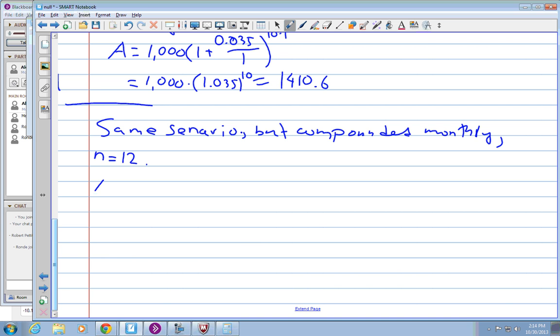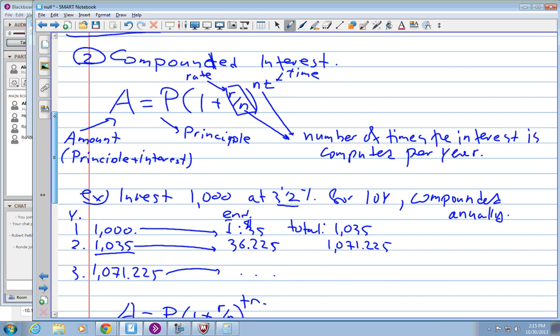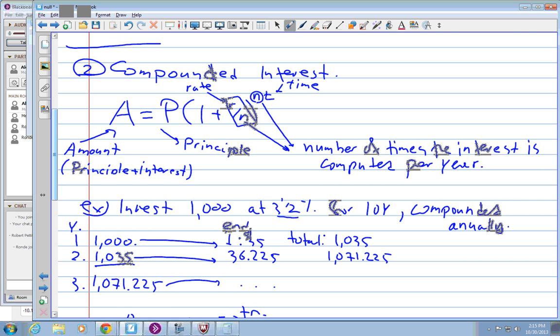But if I do this in the formula, it's 1,000 times (1 plus 0.035 over 12) to the power of 12 times 10, right? Because N appears twice in our formula. It's in the denominator, and it's in the exponent as well.